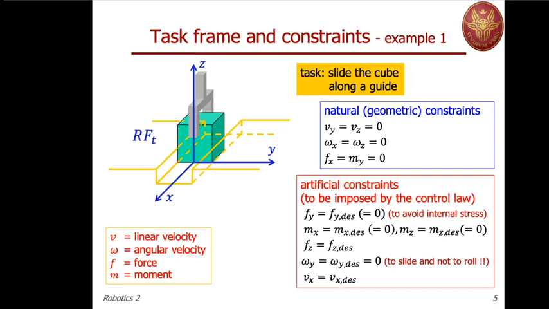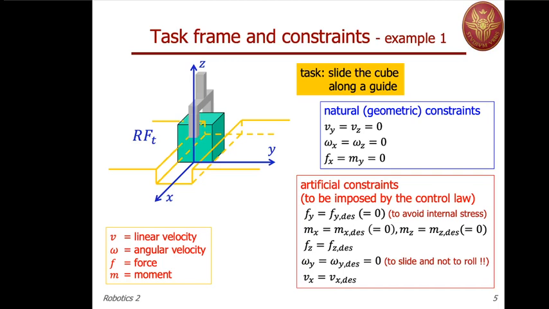Indeed, if we want to avoid internal stress, we could set this value to 0, but this 0 is different from those above because it's a specification. We could set any value. If we want to perform this motion in a reasonable way, we would set Fy desired in particular equal to 0.